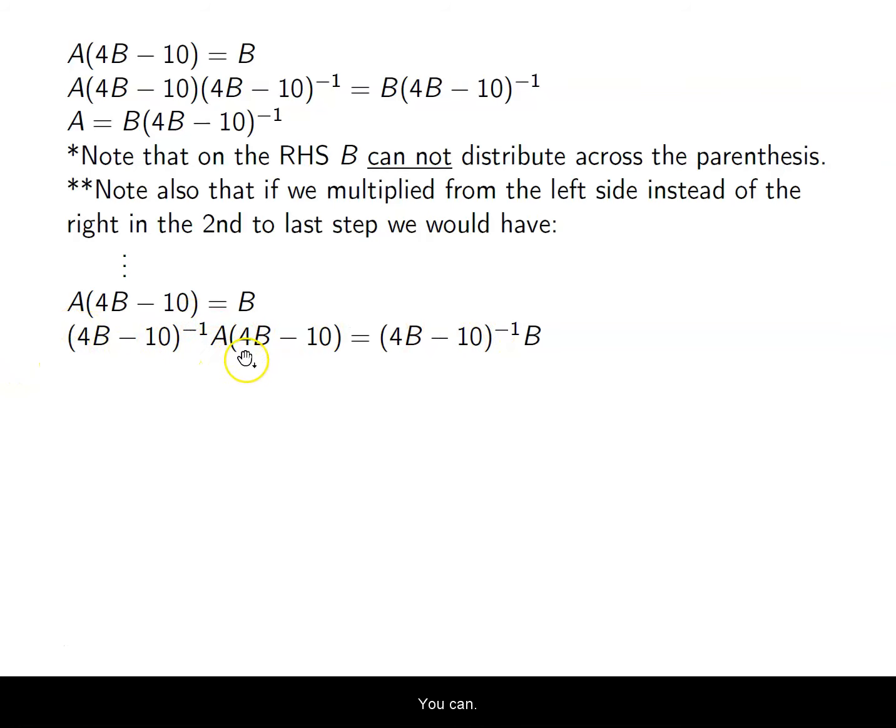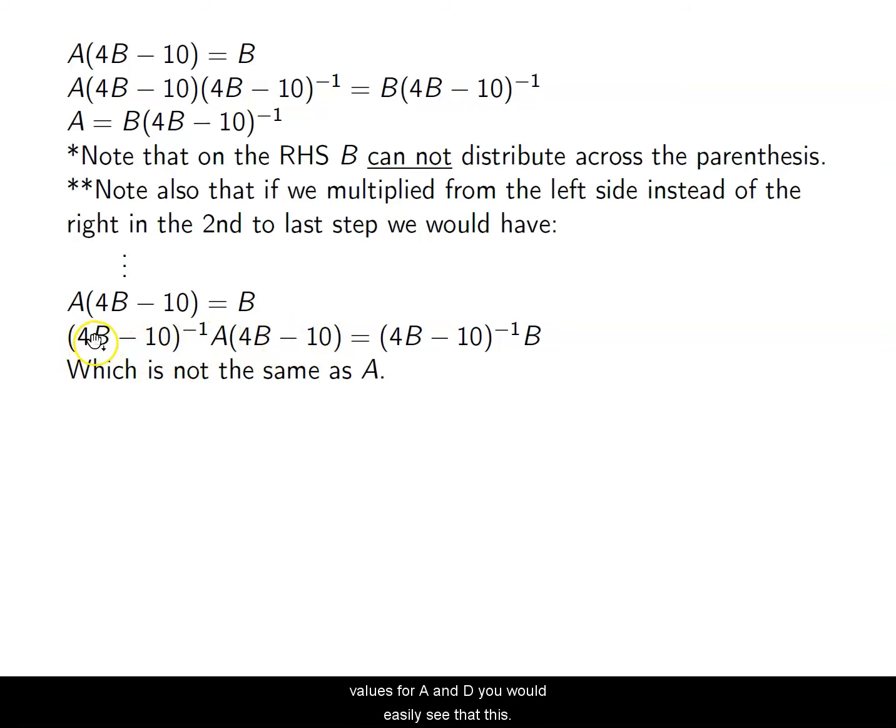So you can't multiply this on the right side and then think that it disappears over here because you multiplied it on the right, right? If you multiply it on the right, you have to multiply it on the right on both halves of the equal sign. You can't do one left and one right, okay? And so our result here is not A, it is this inverse matrix times A times this matrix.